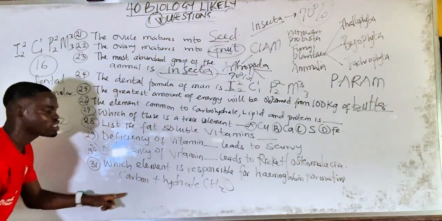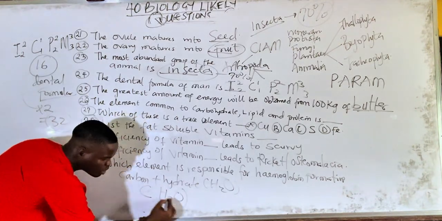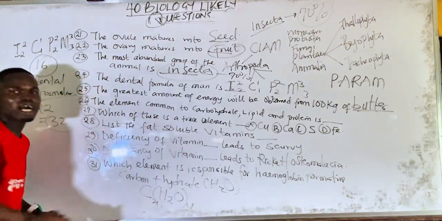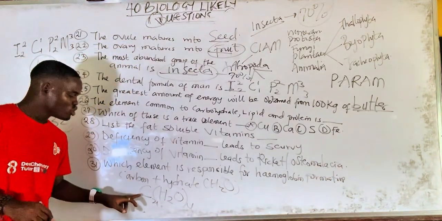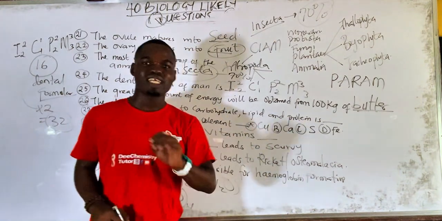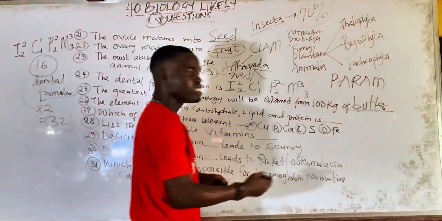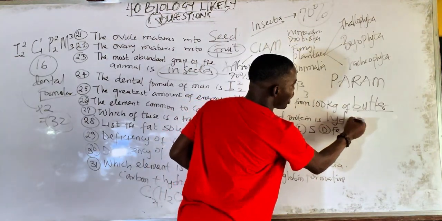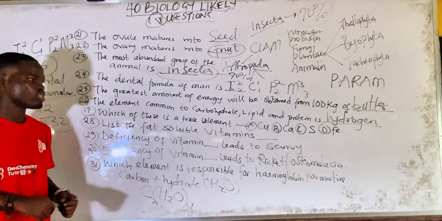So that's why carbohydrates comprise CxH2yOy, carbon, hydrogen, oxygen. So you see carbon is there, hydrogen is there, oxygen is there. Yes, in protein, for instance, we have sulfur, we have nitrogen. So the most appropriate answer here, according to the Jamb question, is hydrogen.